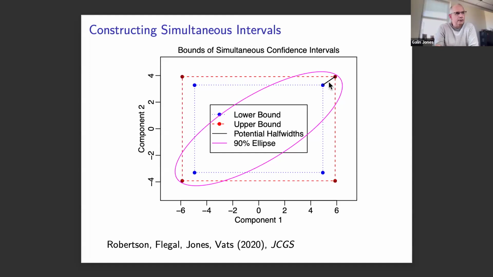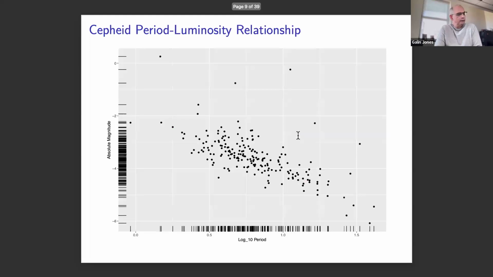Then you need a method for computing the normal probability in order to make sure you have the coverage right, and it turns out that we can use a very fast quasi-Monte Carlo algorithm to do that. That's actually already implemented in R. We were thrilled to find somebody else had already done it. All right. So that's the basic idea behind doing these simultaneous assessments of error.